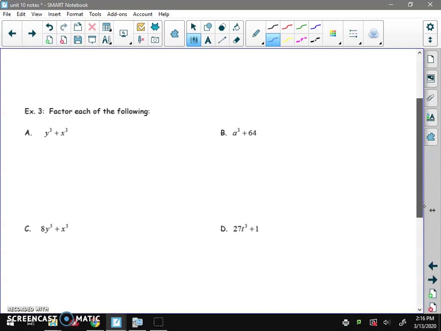Let's start with letter B since there's a constant and a variable. My first cube root is a. My second cube root is 4. So when I start my parentheses, I know I need an a and a 4. Since this is positive, I have to bring the positive down because it's the same. In parentheses, first I square it, a squared.